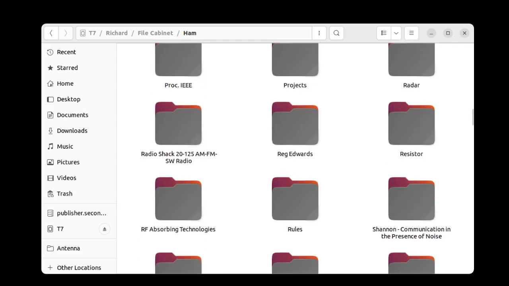Radar, Radio Shack, shortwave radio, resistors, Shannon in the communication in the presence of noise, a very significant paper.